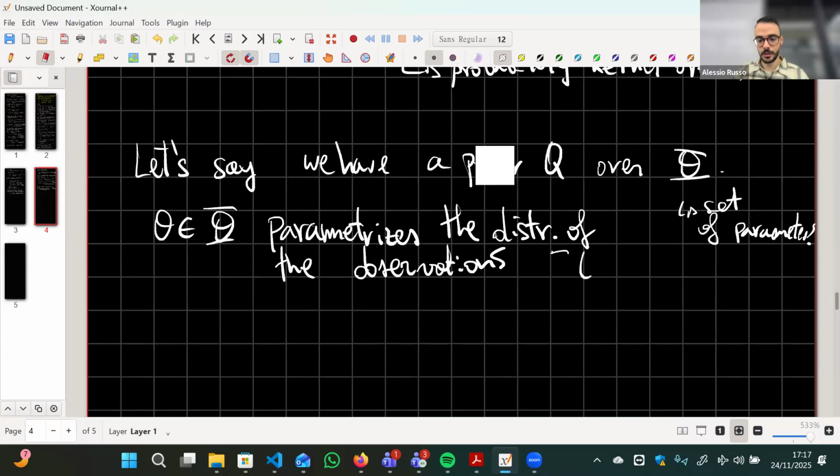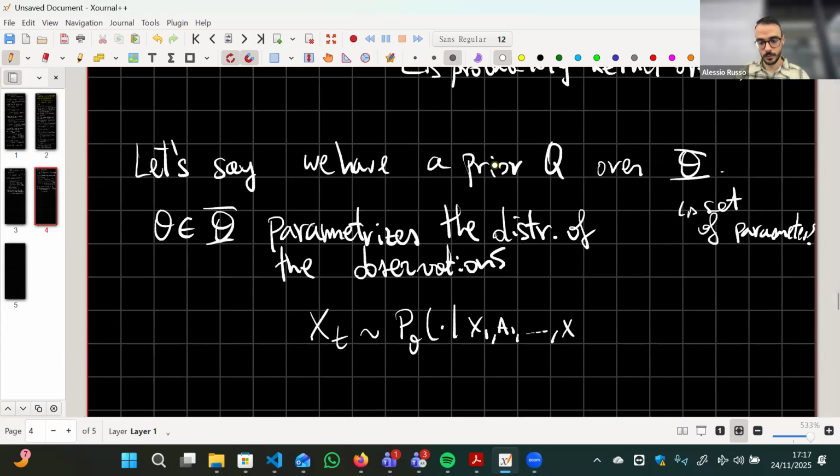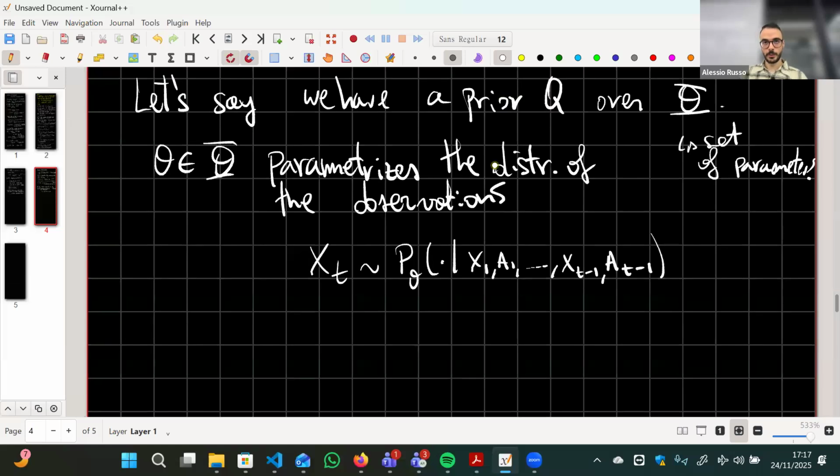We know that the observation at time step t is sampled from this distribution here. So this is simply equivalent to P theta sampled from h_{t-1}, a_{t-1}.